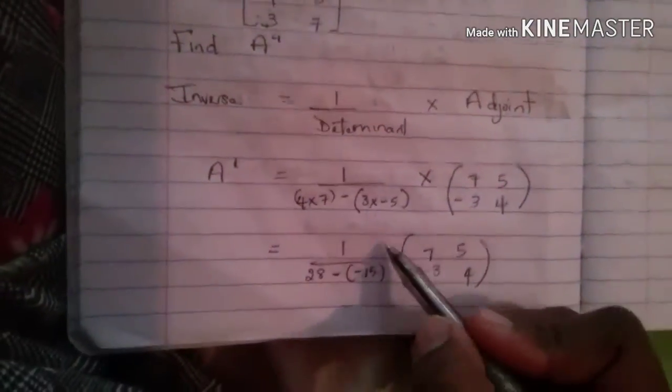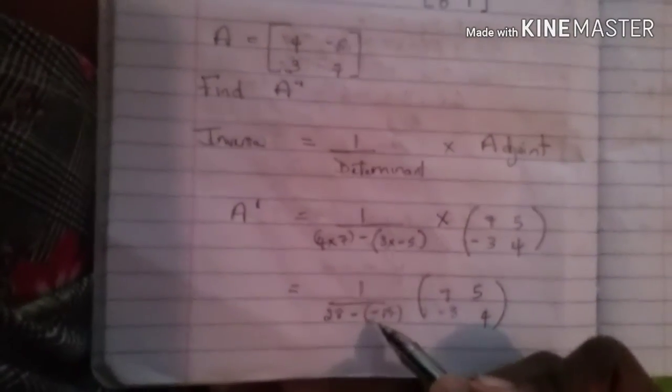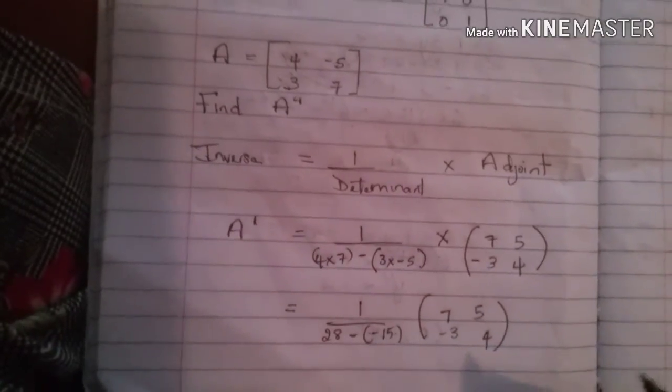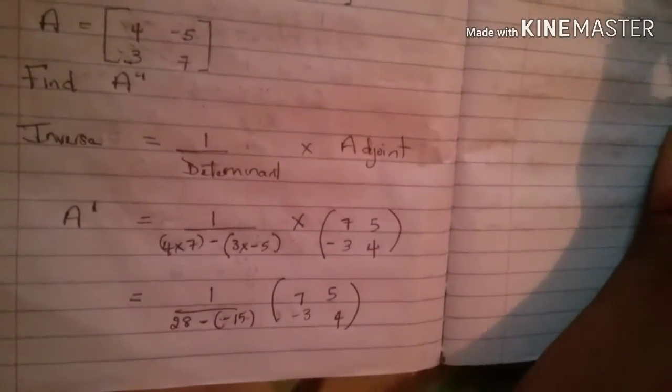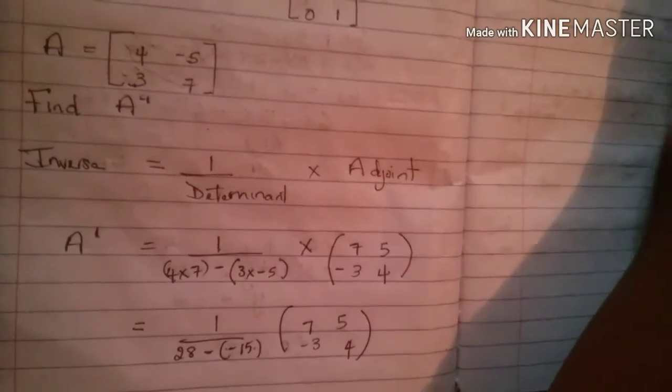Continuing, A inverse is equal to 1 over 28, and it's a double negative, so it gives us a plus: 28 plus 15, which is 43, times the adjoint 7, 5, -3, 4.